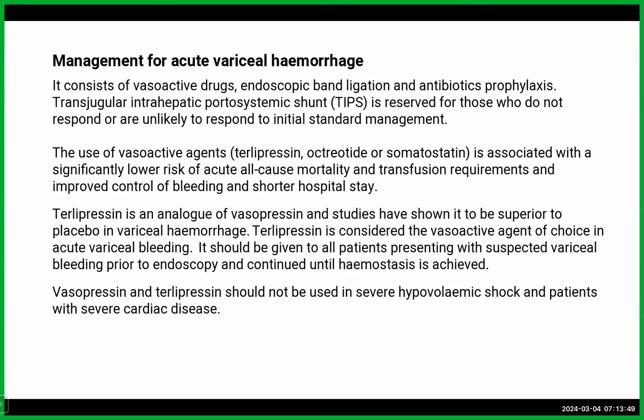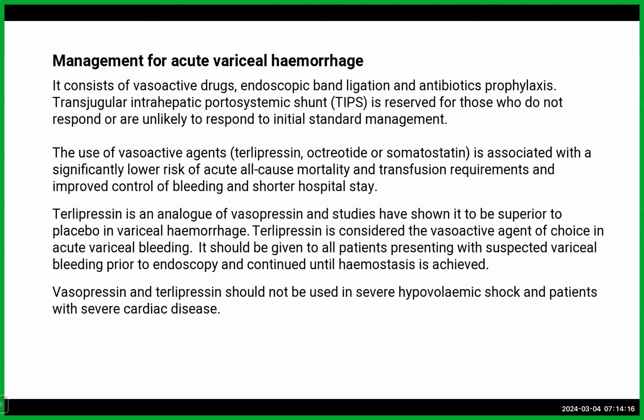Management for acute variceal hemorrhage consists of the use of vasoactive drugs, endoscopic band ligation, and antibiotic prophylaxis. Also, the transjugular intrahepatic portosystemic shunt is reserved for those who do not respond or are unlikely to respond to initial standard management.